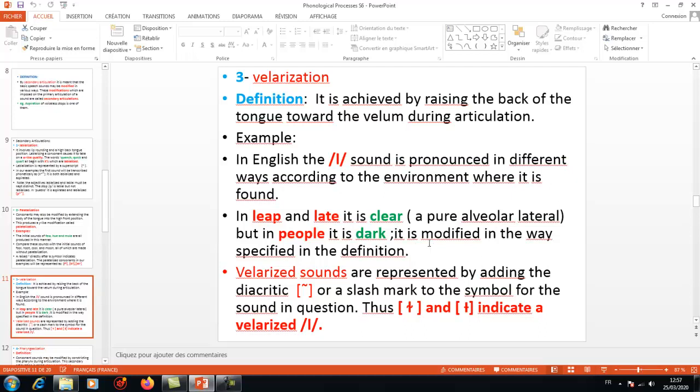It is modified in the way specified in the definition here. Velarized sounds are represented by adding this diacritic, or a slash mark, to the symbol for the sound in question. Thus, this is ɫ or this is ɫ. Both of them indicate a velarized L.